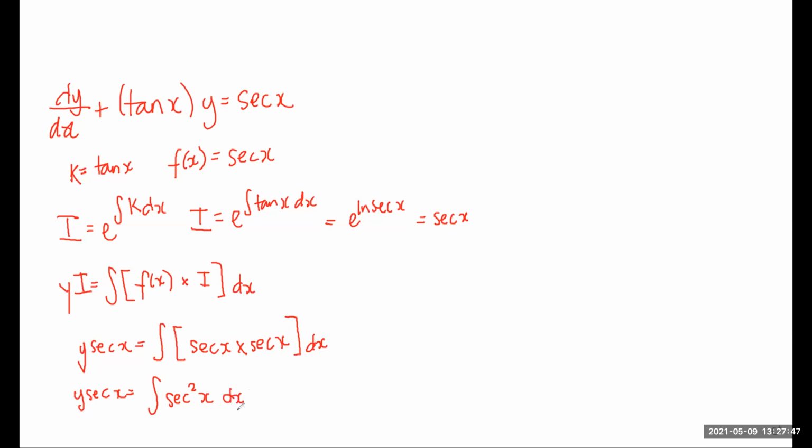When you put sec x squared, you're saying the sec of the x squared. So you square the x and then take the sec of that value. But when you say sec square x, you're saying that sec x is being squared, or sec x is being multiplied by sec x.